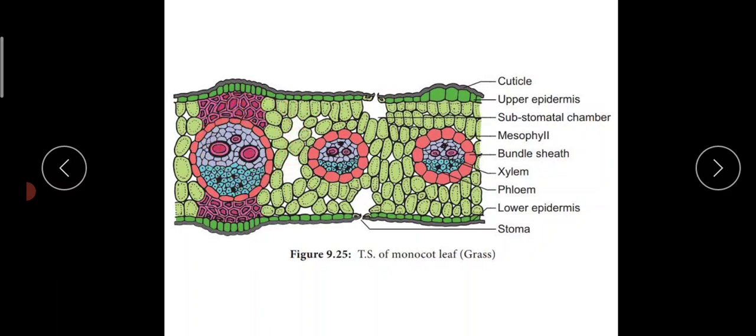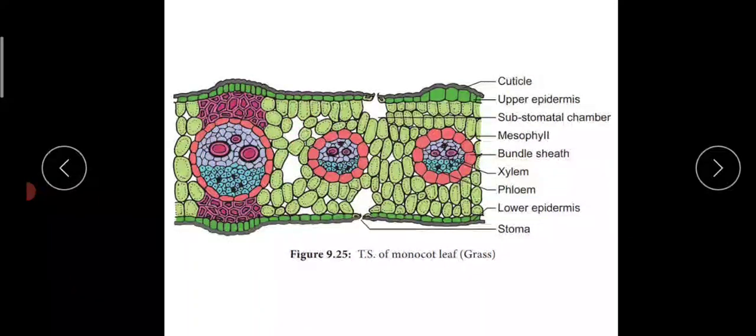In case of the dicot leaves, the stomata are mostly restricted to the lower epidermis, because the upper epidermis is receiving more light as the leaves are arranged at right angle to the stem axis. So if the stomata were located more on the upper epidermis, they would open and a lot of water would be lost through transpiration. In order to prevent that, the dicot leaves have more stomata on the lower surface. So that is a mechanism to prevent water loss.